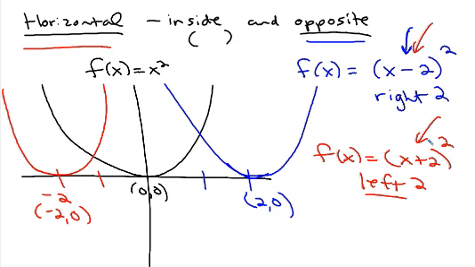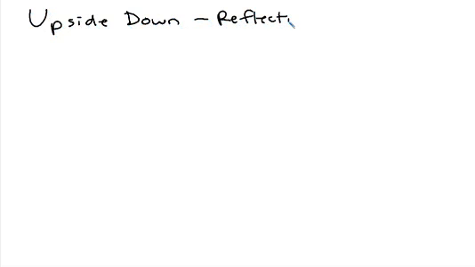All right? Now, we've also seen, as we've studied vertexes, that there could be a time where the graph is upside down. We call that a reflection. All right?